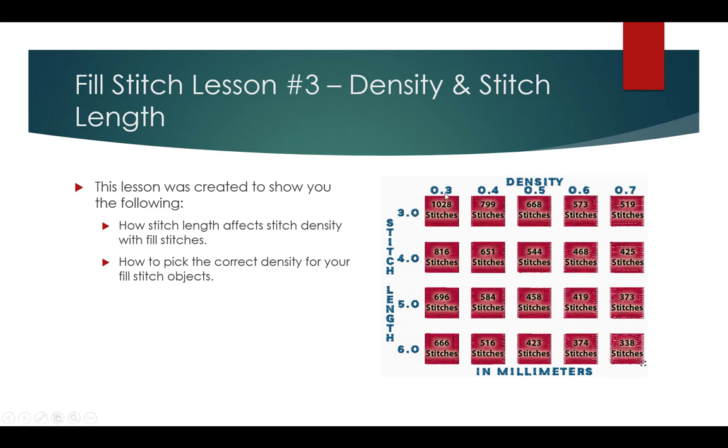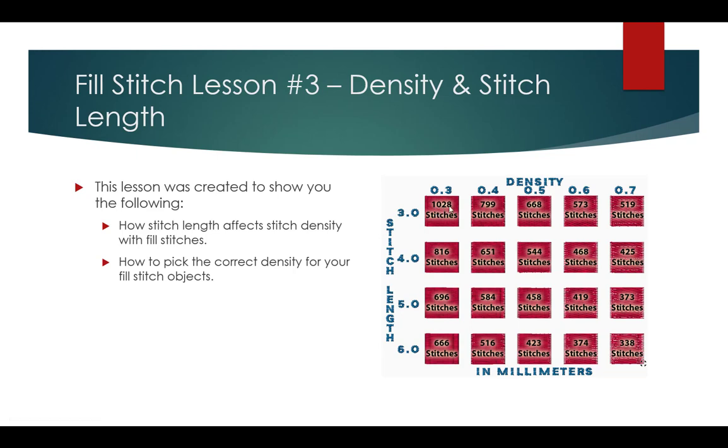And it's using a 0.3 density, and the 0.3 density is pretty thick. You typically don't use a 0.3 density because that's very hard on the fabric, and it's actually too many stitches, more stitches than what's needed to cover the fabric. But in this box right here, using a 3 millimeter stitch length with a 0.3 millimeter density, has 1,028 stitches in it.